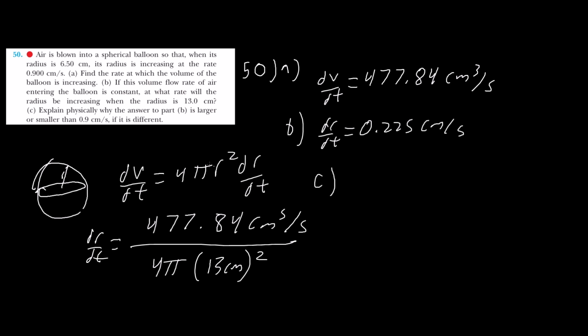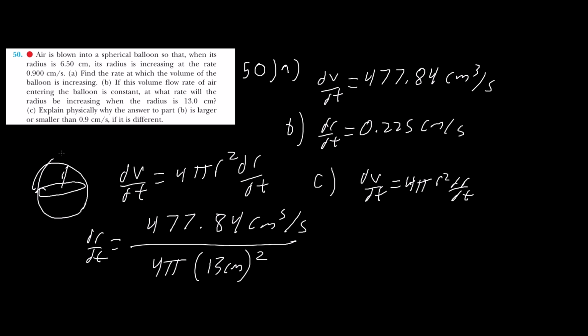And part C is asking, explain physically why the answer to part B is larger or smaller. And realistically, I'm just going to put this formula all over again: 4 pi r squared dr/dt. So think about this visually, folks.